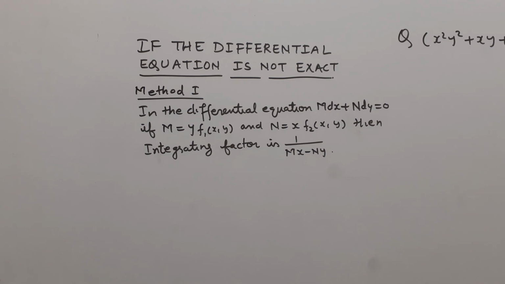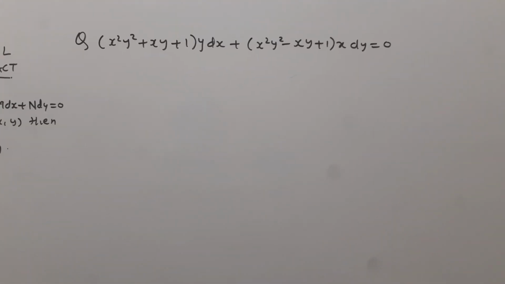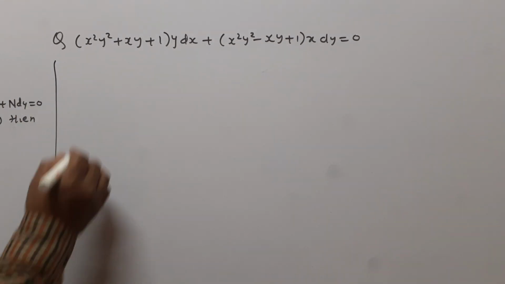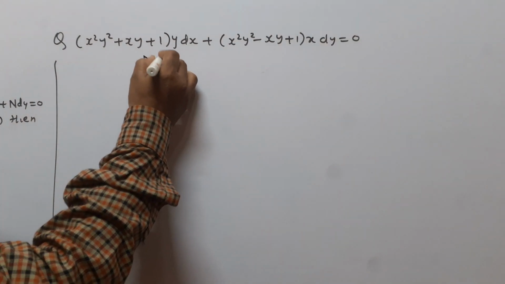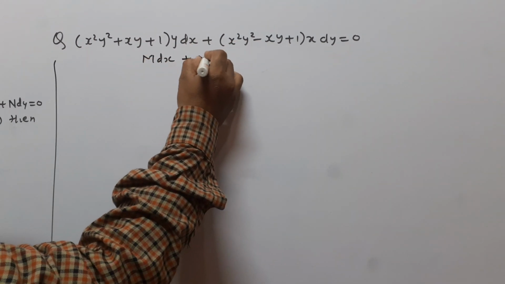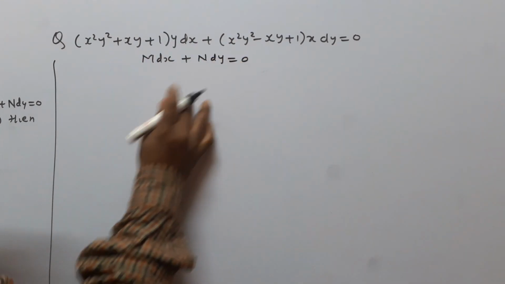So here we take an example. That is (x square y square plus xy plus 1) multiplied by y dx plus (x square y square minus xy plus 1) multiplied by x dy. First we compare this given differential equation with M dx plus N dy is equal to 0.